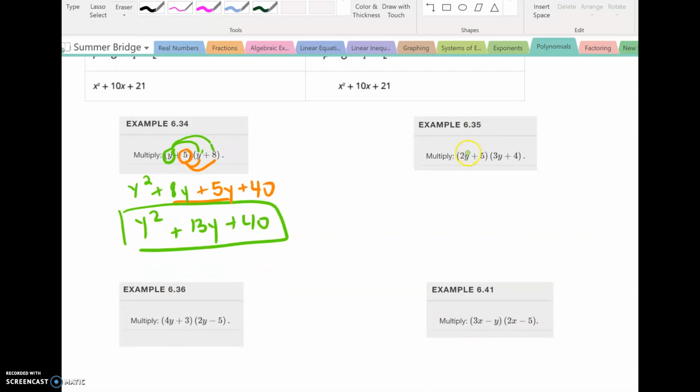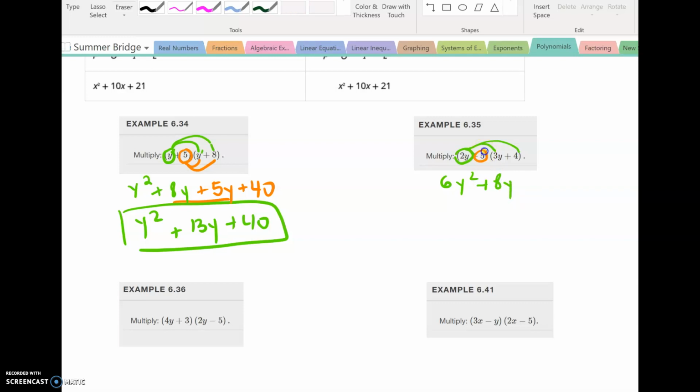So same thing that I'm going to do before. I'm going to take the first term, multiply it to everything in the second parentheses. So 2y times 3y becomes 6y squared. 2y times 4 becomes 8y.